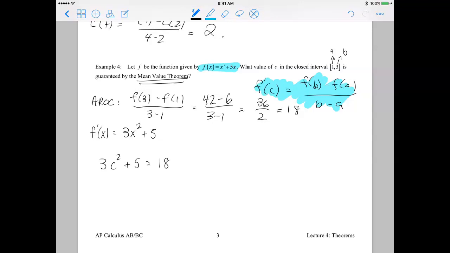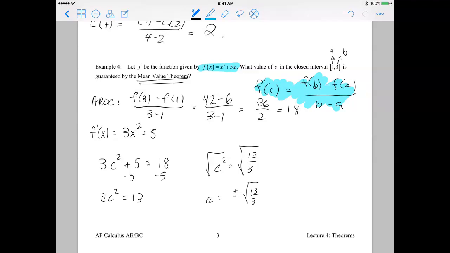Okay, if I now use algebra to solve this equation, I'm going to subtract 5 on both sides. That's going to give me 3c squared is equal to 13. And then divide by 3 on both sides to get c squared is equal to 13 divided by 3. And then the last thing I need to do is take the square root of both sides. Now, a lot of you are going to tell me, and correctly tell me, that whenever I take the square root, I need plus or minus the square root of 13 over 3.